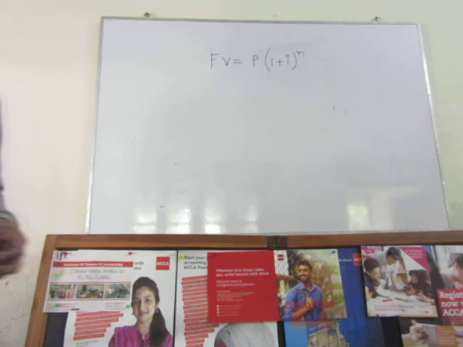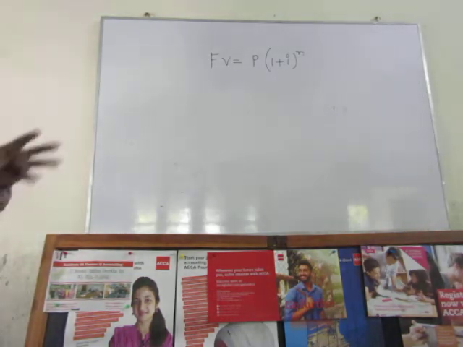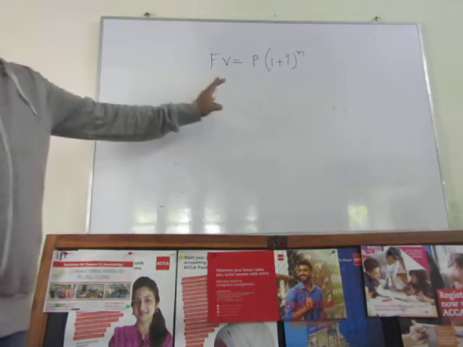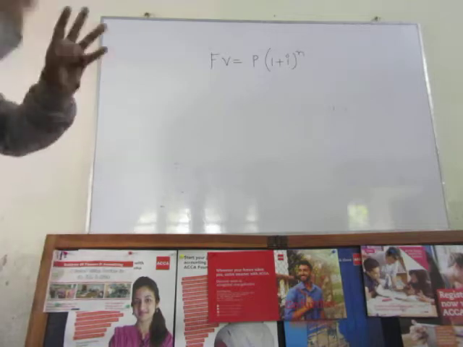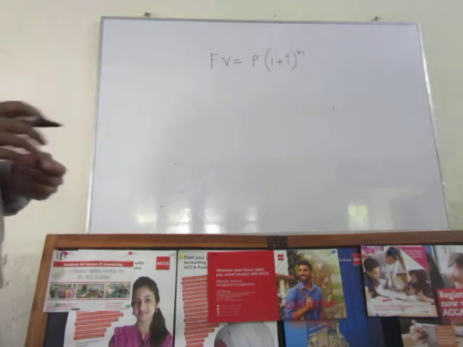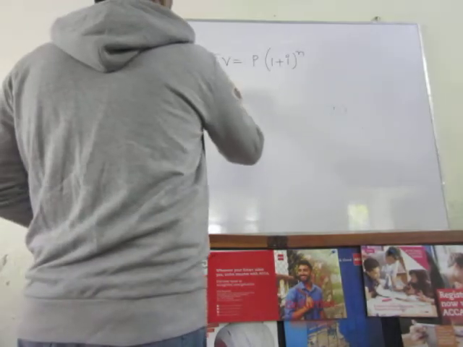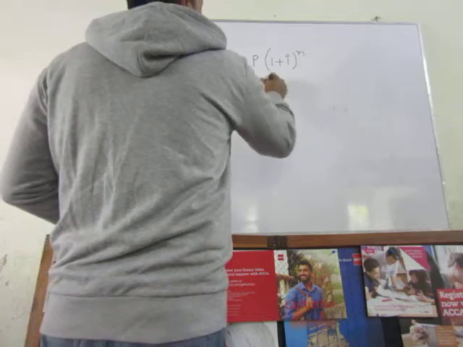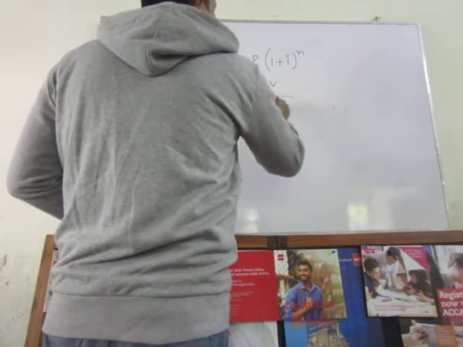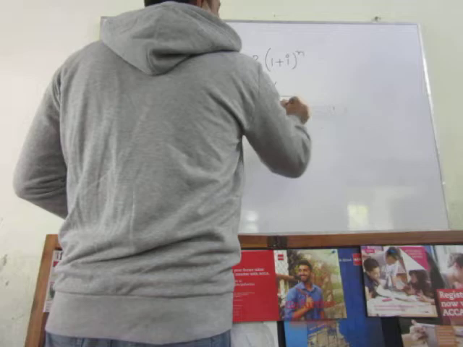This is our formula. By using this formula we can find out the future value, right? We can change the format of this formula. It is present value equals future value divided by 1 plus I to the power n.